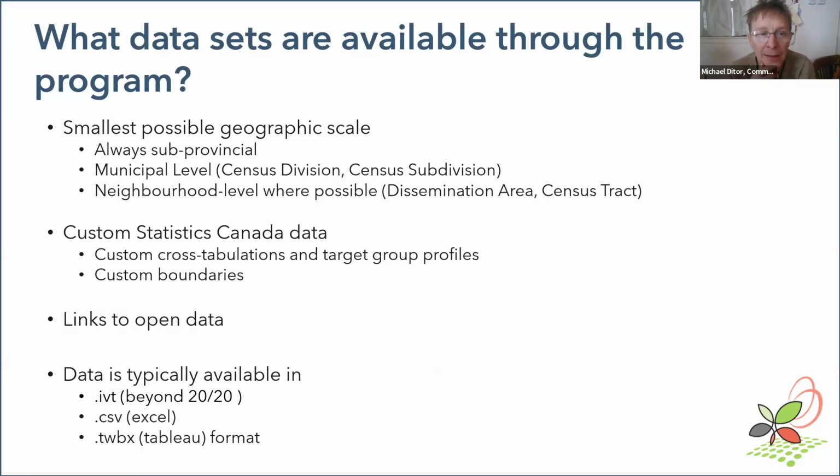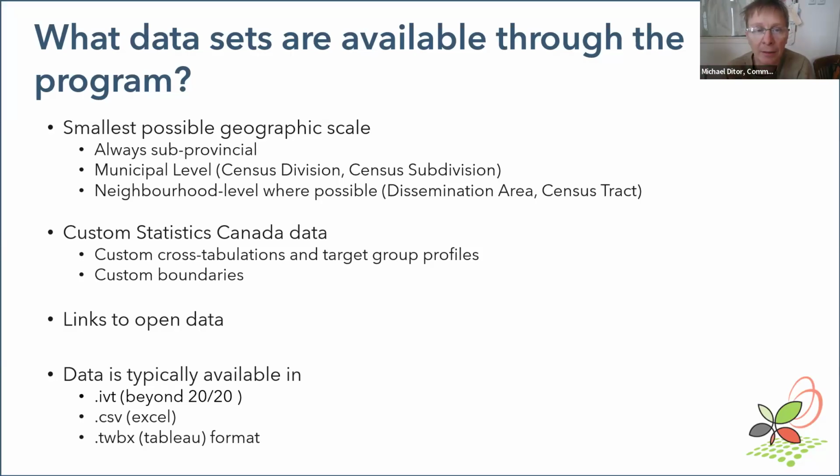We get a lot of custom data. That's really our niche. There's a lot of free data out there. What we are acquiring are the data sets that are not free. So custom cross tabulations, things like target group profiles, but we also get custom boundaries.